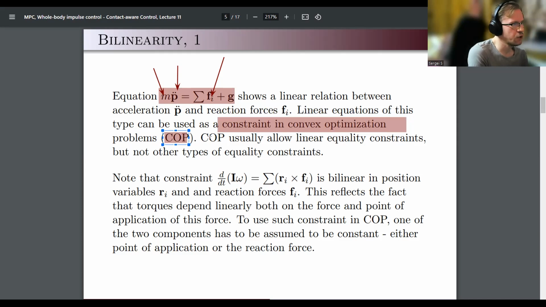Linear programming allows those constraints, quadratic programming, second order cone programming, semi-definite programming, and so on. Every type of convex optimization problem would readily allow those constraints. Moreover, they can sometimes be solved analytically with linear algebra. So it's very nice, it's very good. So far, we don't have any issue when we look at those constraints.